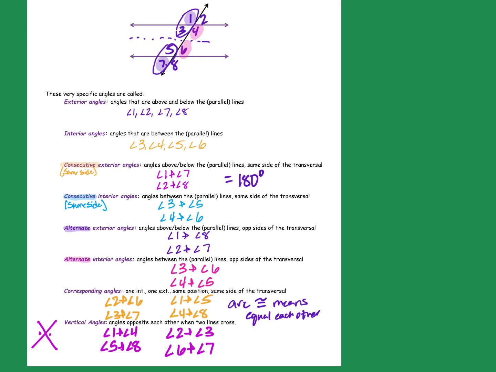What do you think they equal? 6 and 4 equal supplementary. Yeah, good. They make a line too. So those will also equal 180 degrees.